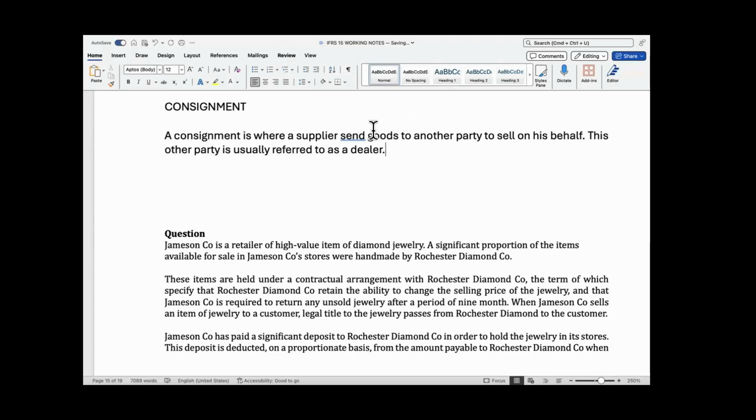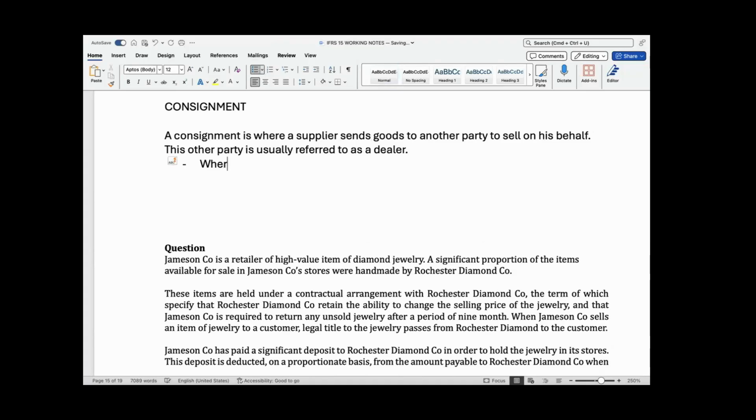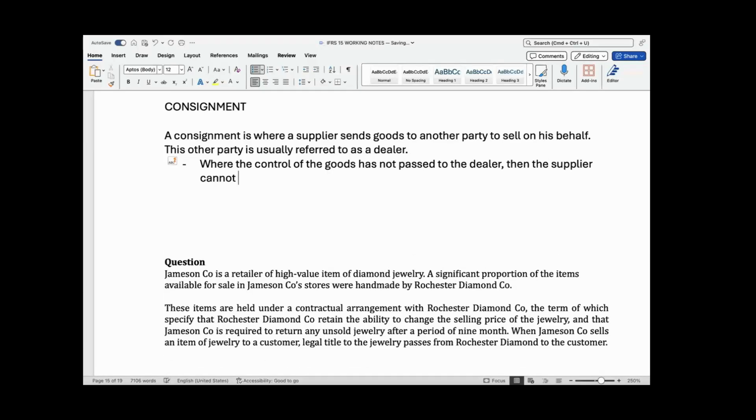So when you send goods to your dealer, and you look at the arrangement and see that the control of the goods has not passed to the dealer, then the supplier cannot recognize any revenue, and the goods remain in his inventory at cost.